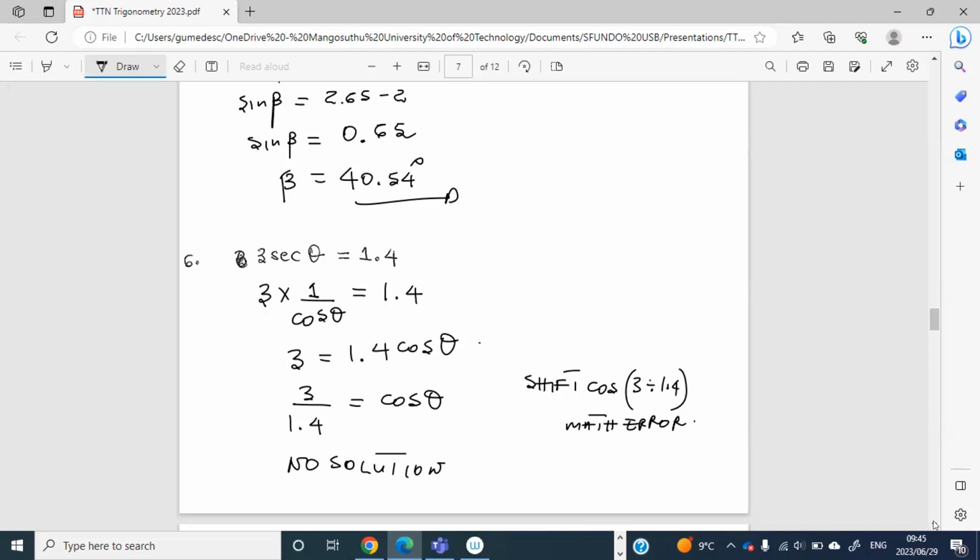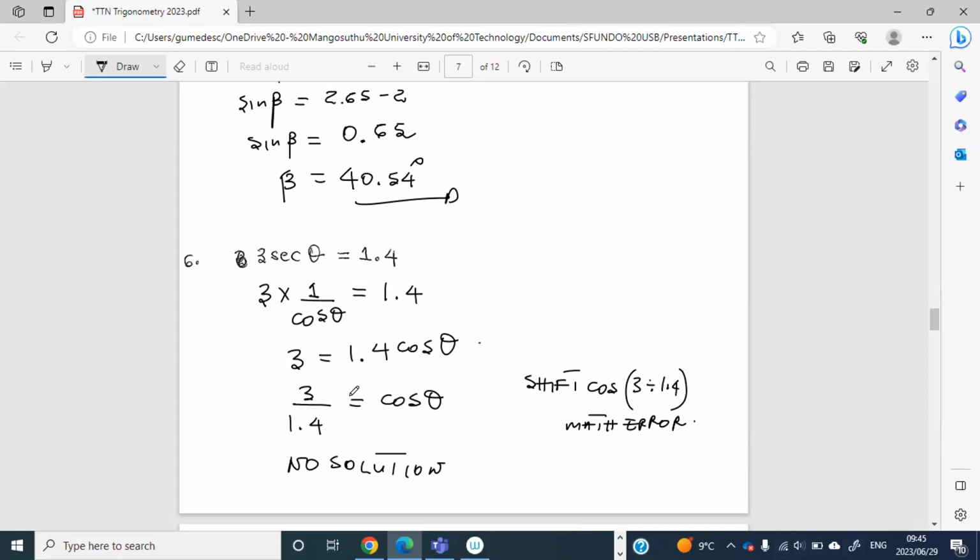Then we divide by 1,4 both sides. And then we said cos theta is equal to 3 over 1,4. And then when we press shift cos 3 divided by 1,4, we got math error, which means there is no solution here for this equation. Not because there's sec, but it's just that there's no solution.